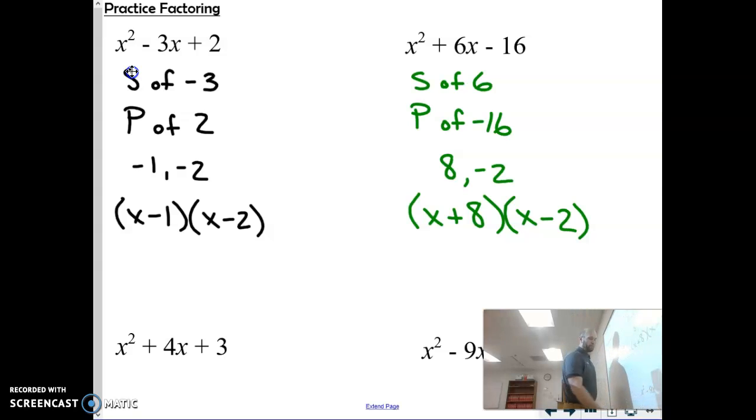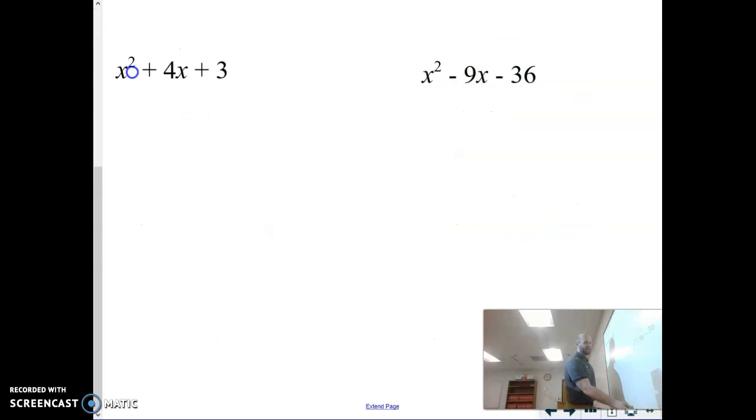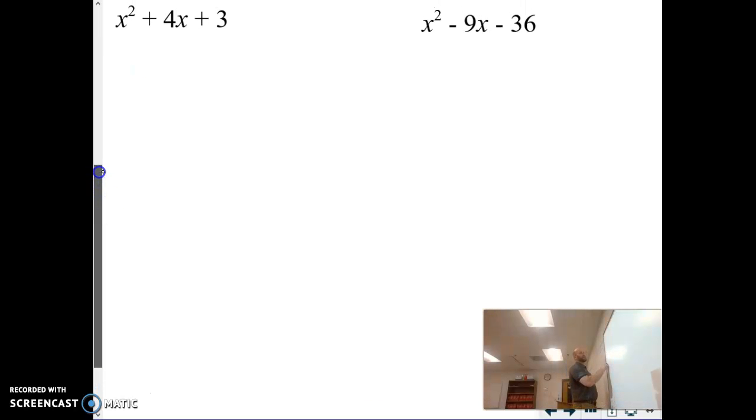Again, just keep in mind that that pattern will not change for these basic quadratics. The last two examples here are pretty straightforward. Since both the middle term and the constant are positive in x squared plus 4x plus 3, both of our numbers will also be positive.